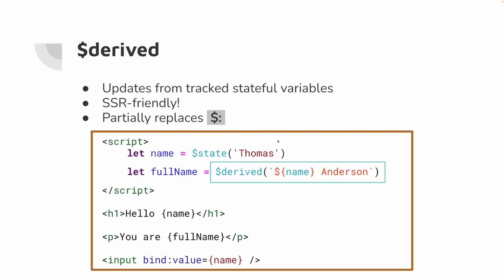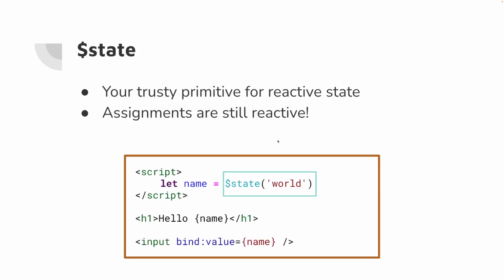Yeah, I mean, it's really important, in my opinion, to showcase the fact that literally the only thing that you have to change is add $state before the word. This is the basic hello world, and there's not much to change if you use runes inside Svelte 5. That's right.